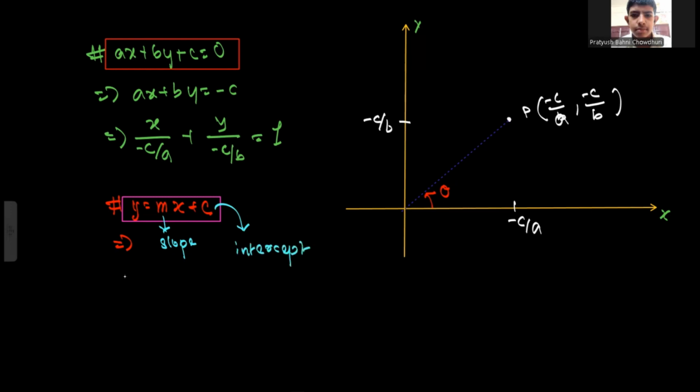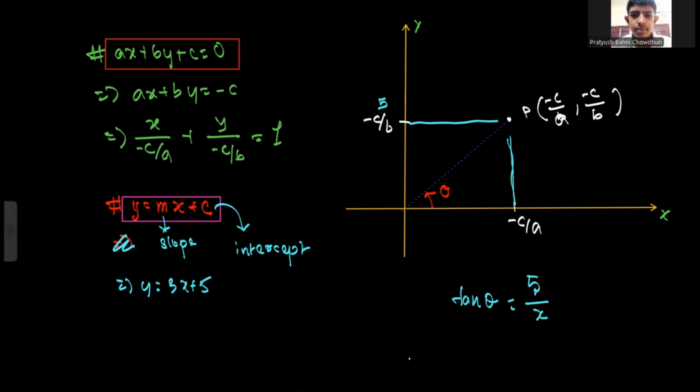Okay, suppose y equals 3x plus 5, it shows that the intercept will be here. This point will be 5, and this is tan theta. Okay, this tan theta equals 5 by something.